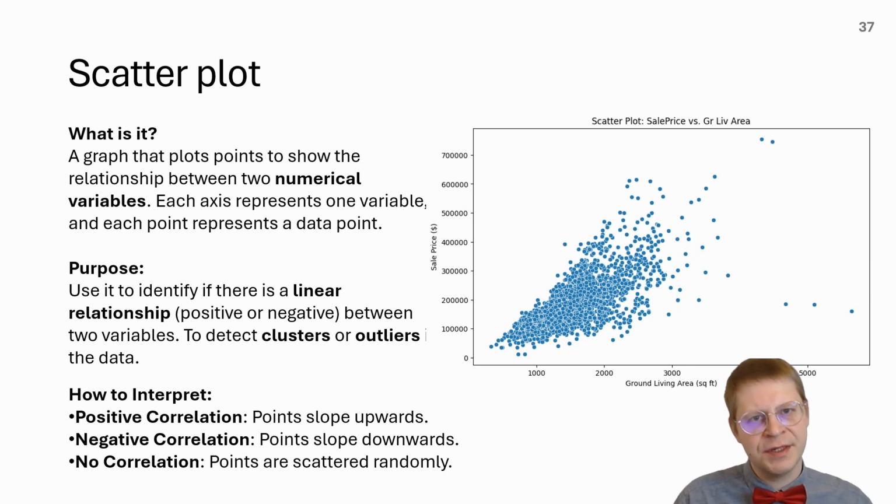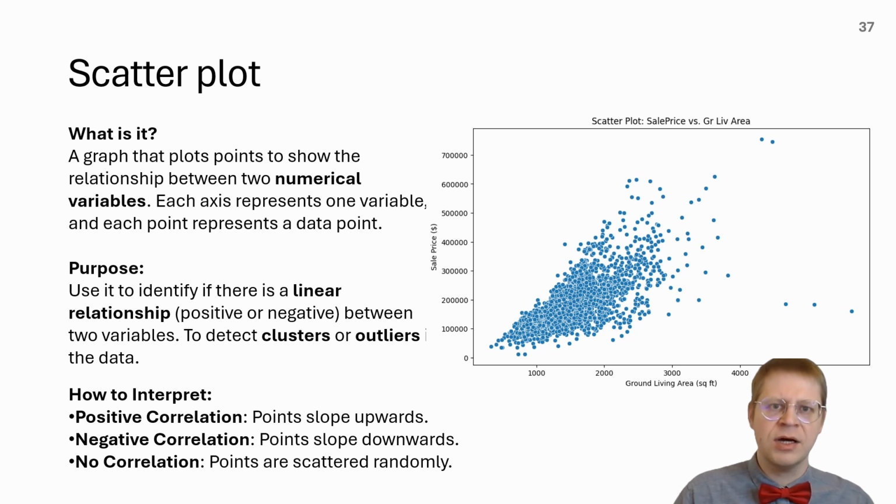Each point represents an observation, and by examining the pattern of points, you can understand whether there is a positive correlation, where points slope upward, a negative correlation, where points slope downward, or no correlation at all, when points appear scattered randomly. Scatter plots also help identify clusters of data and outliers that might otherwise distort your analysis.